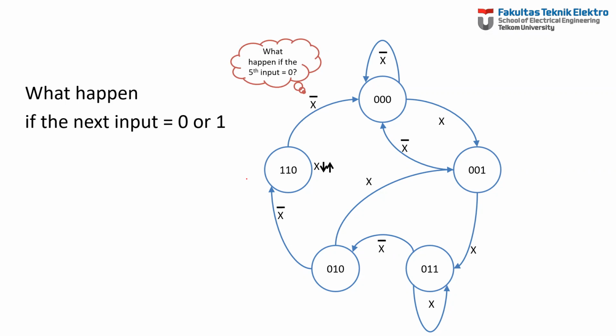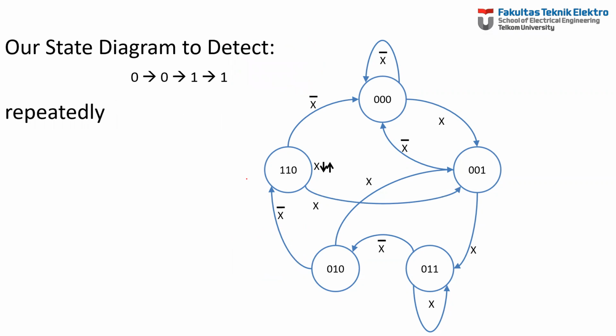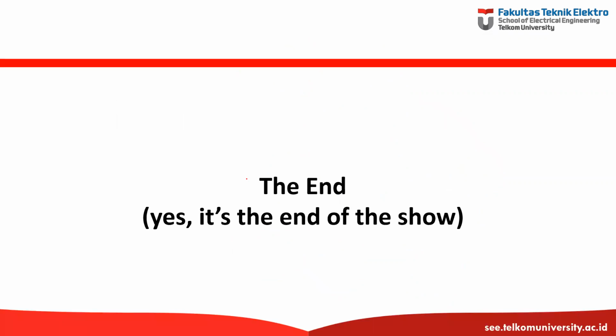But it gives 0, so nothing is detected. That's why it will change to the state where nothing is detected. However, if the next input is 1, then we can assume this is the first bit we detected. So we change to here. Okay, so this is the state diagram if we want the system to detect repeatedly. Okay, so this is the end.